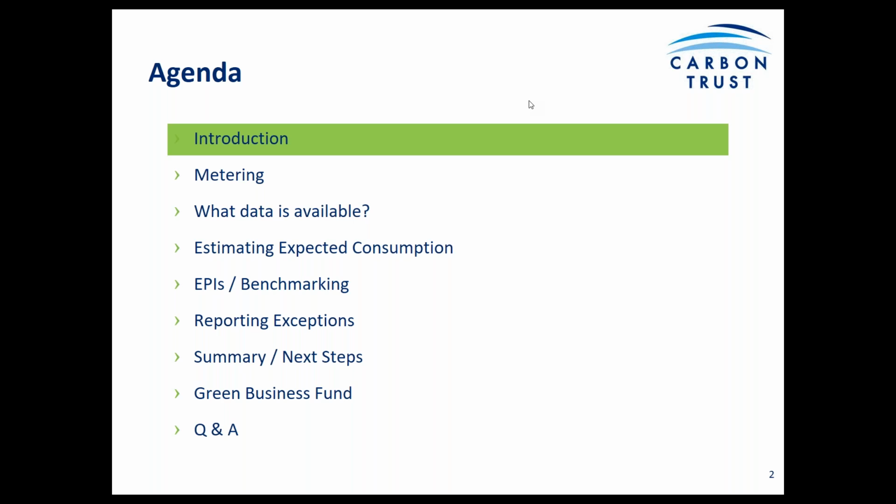Then we'll introduce the concepts of benchmarking and defining energy performance indicators and how these can be used to report exceptions. And finally, we'll summarize what we presented and then move on to explain the different services that are available through the Green Business Fund. And as I say, hopefully we'll have some time for questions at the end as well.